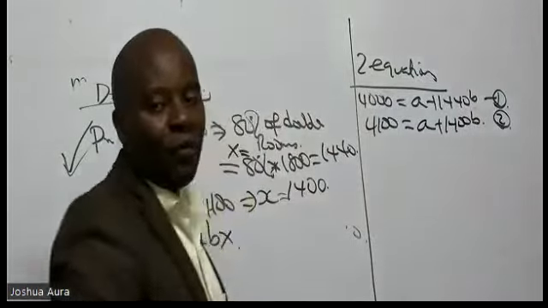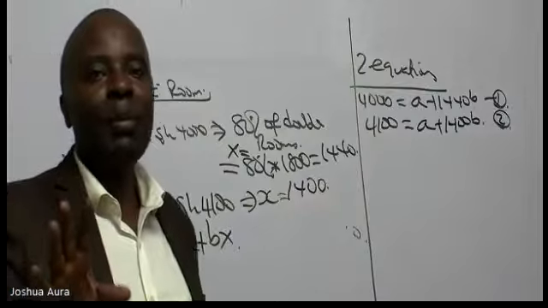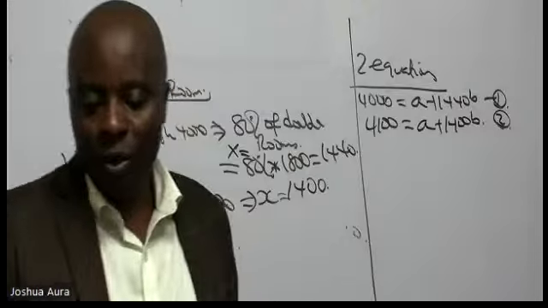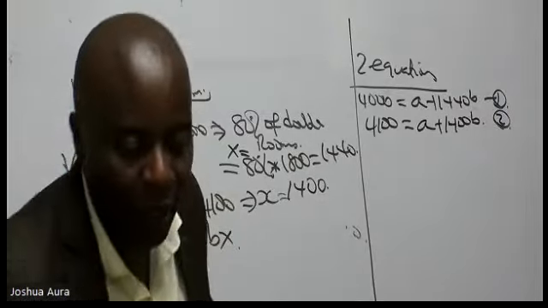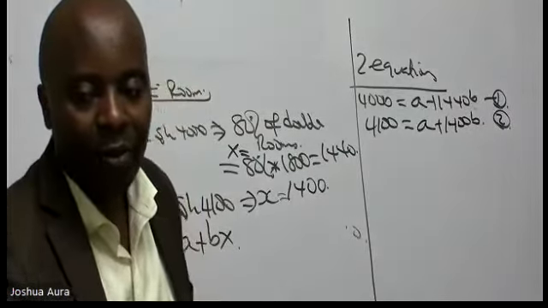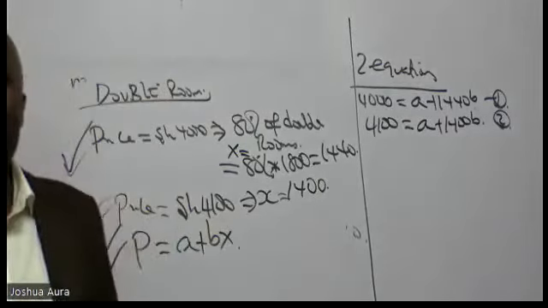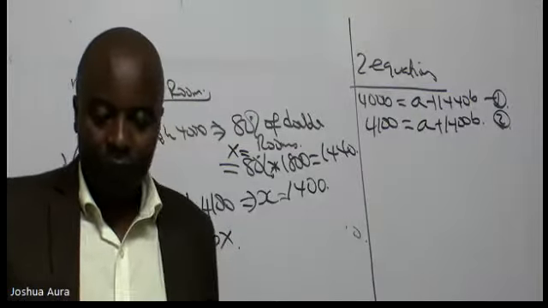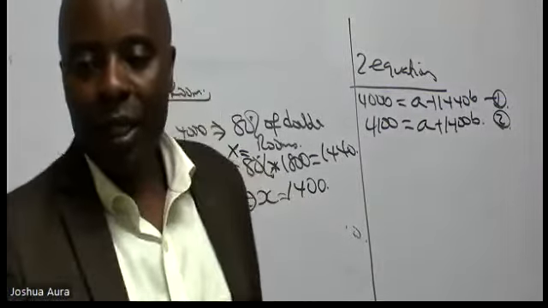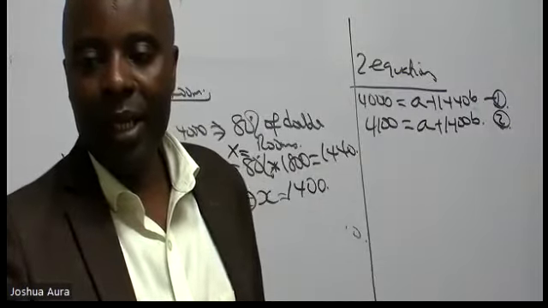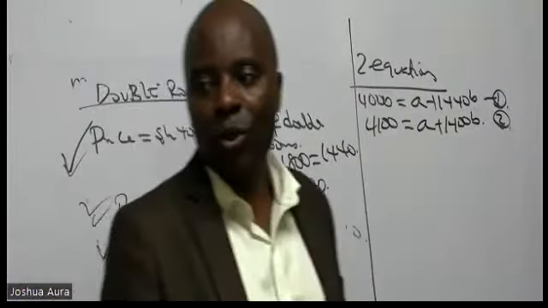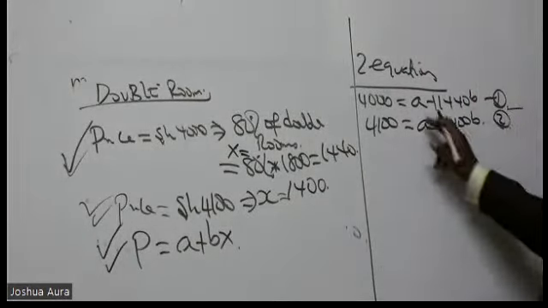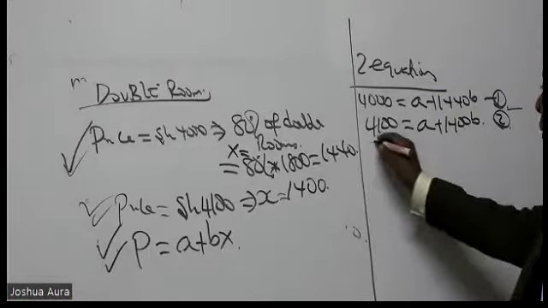Now do me a favor: using whichever method you like best, could you kindly give me the value of A and B? This is not really a hard thing. We can easily eliminate A by subtraction.